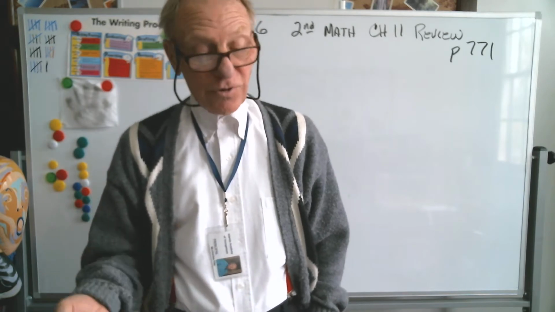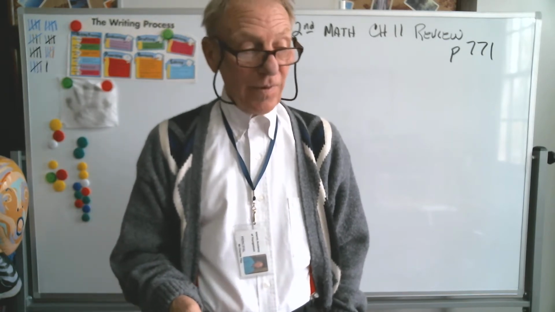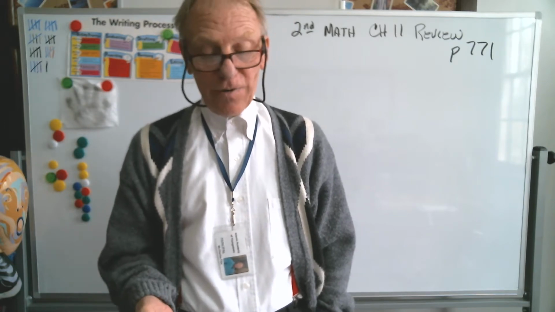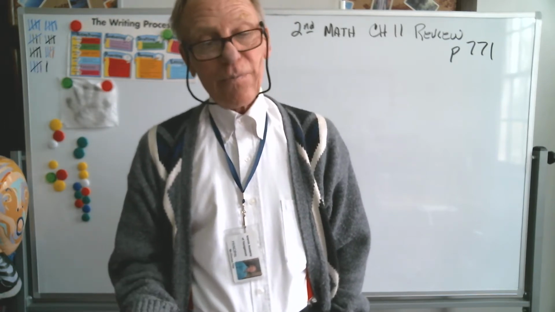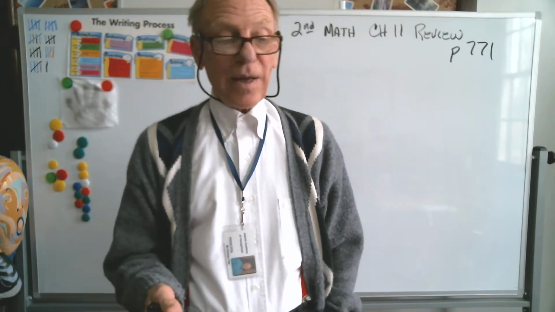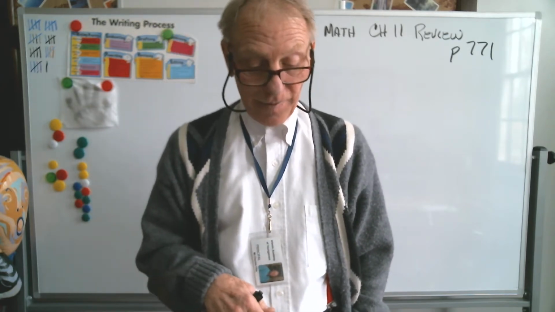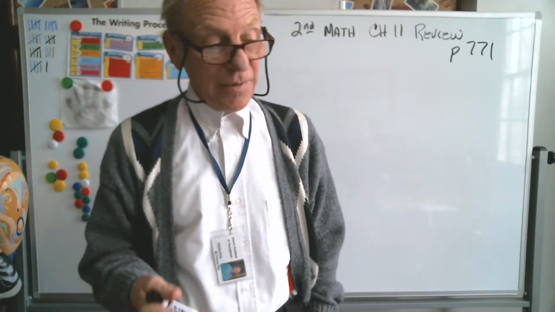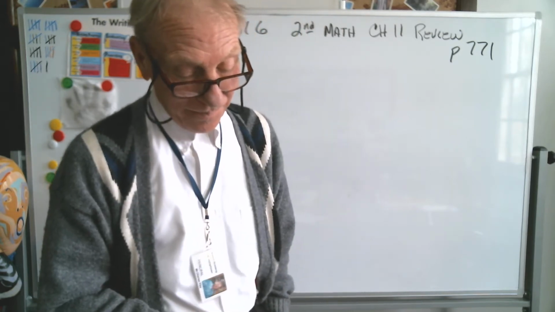So the basketball is a sphere. The can of soup is a cylinder. Everybody recognizes what a cone looks like because you probably like a little ice cream on it. And then the cube, which is represented by the child's block there, the number block.